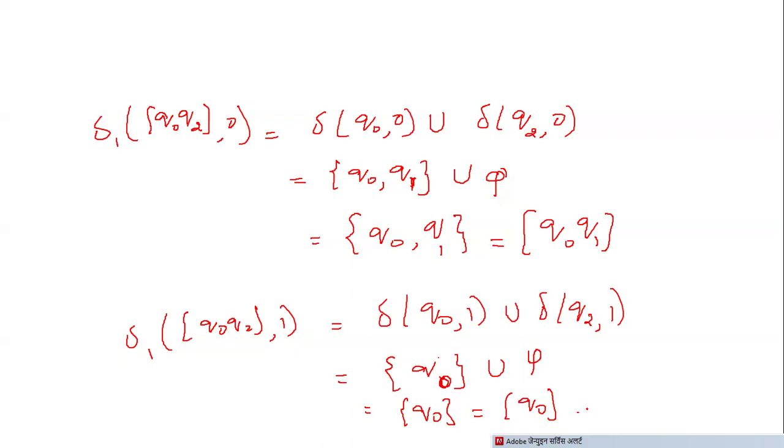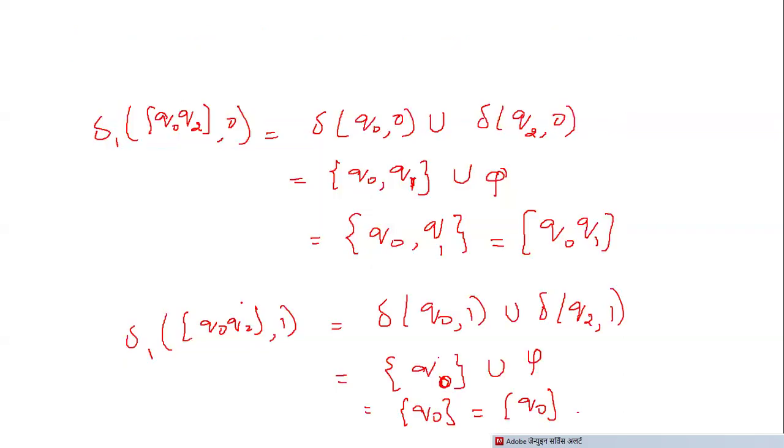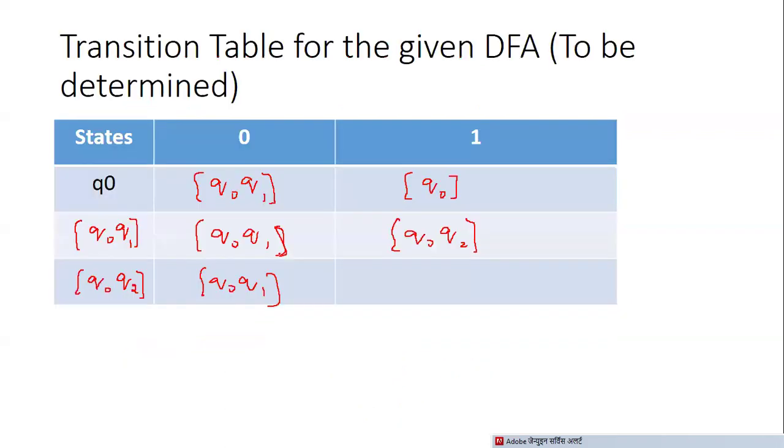So {Q0, Q2}, we have determined the transition for the new state {Q0, Q2}. So here it is {Q0, Q1}, right? {Q0, Q1}, this one. And for the second, Q0. Now at this step, we haven't come across any new state, right?